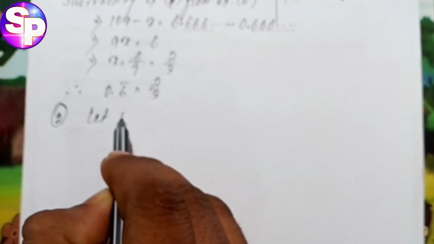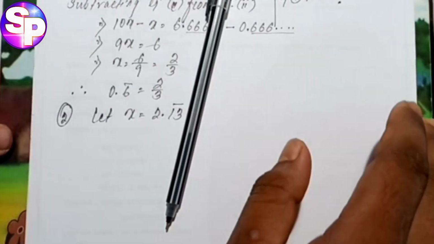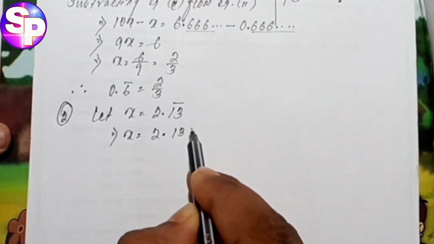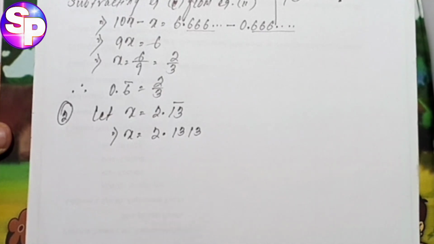Question number 2. Same thing, let x is equal to 2.13 bar. As I have already mentioned in the question, this one is 2.13 bar. So first of all I need to write this 2.13 bar in the form of repeated decimal, right? So I can write x is equal to 2.13, again 13, again 13, several times 13, because these are being repeated.